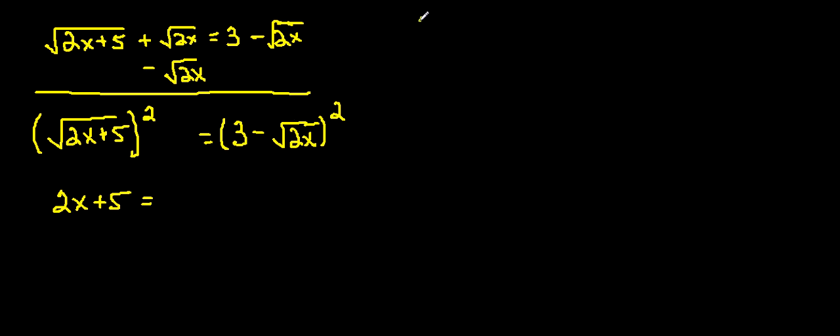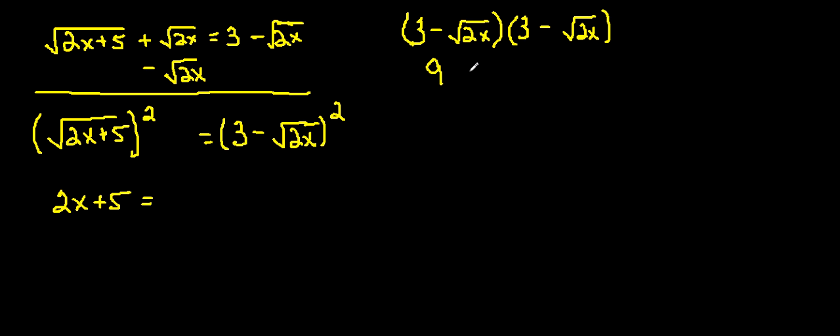Alright? So I'm going to FOIL it this time. 3 minus the square root of 2x times 3 minus the square root of 2x. And I'll FOIL. 3 times 3 is 9. Outside is 3 times square root of 2x.